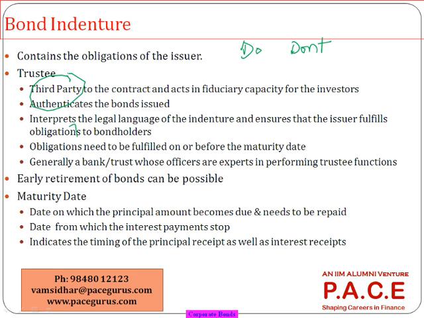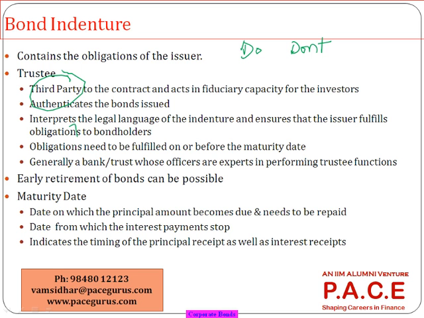It's a third party who has a lot of reputation with respect to acting in these kind of roles. Main intention is authenticating, or giving a kind of assurance that the company will pay the interest as well as principal on time, because it's like a borrowing.